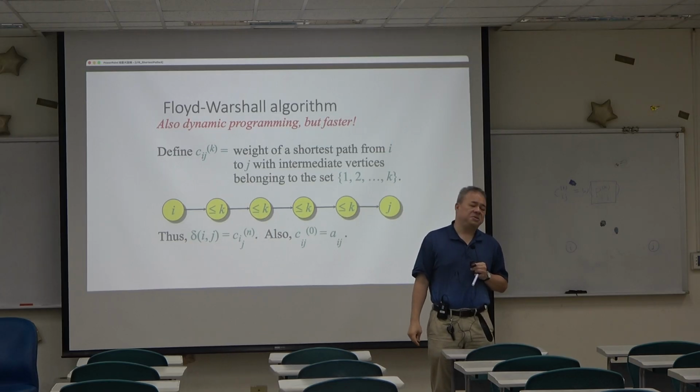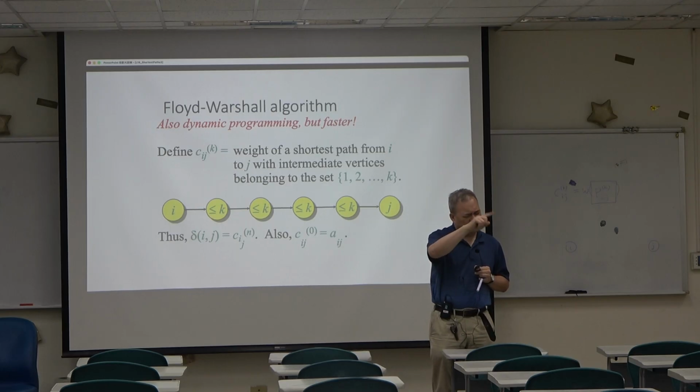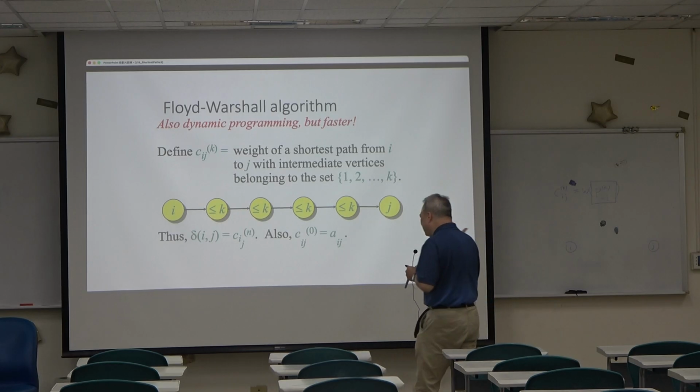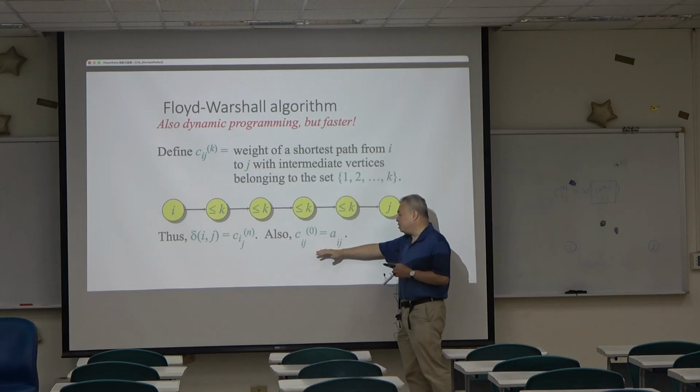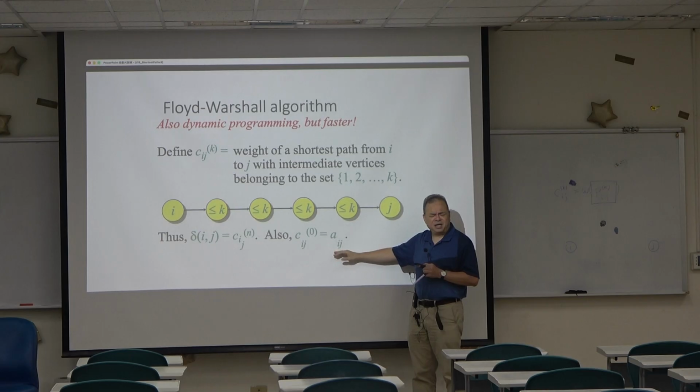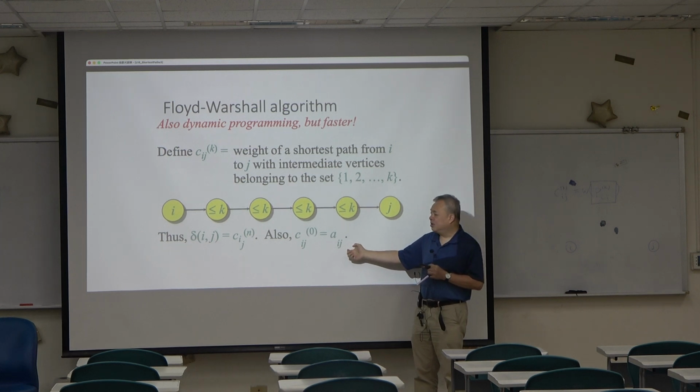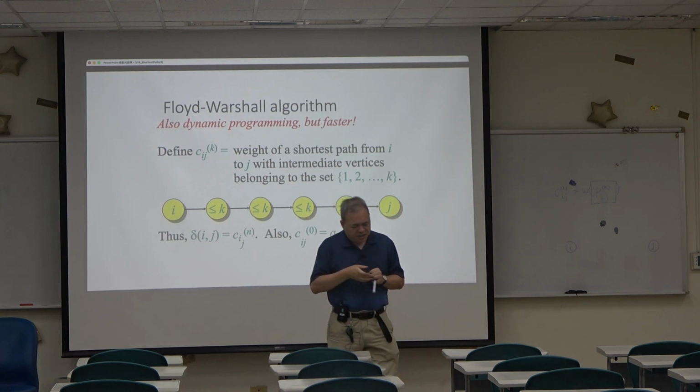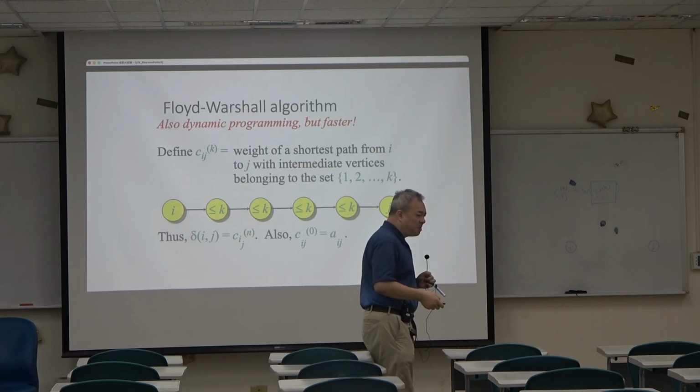And if there's no direct edge from node i to node j, then it is impossible to reach j from i without using any intermediate node. So the weight will be infinite. That happens to be the same as the adjacency matrix, the value of Aij.